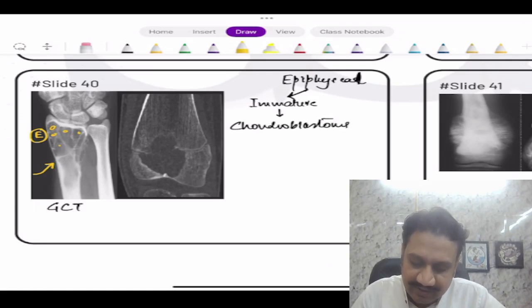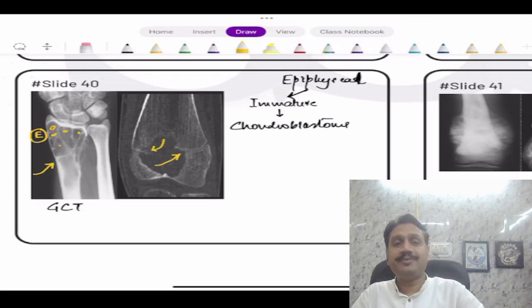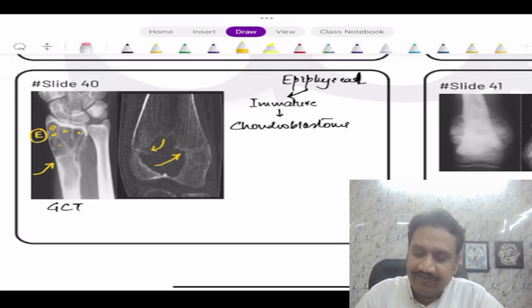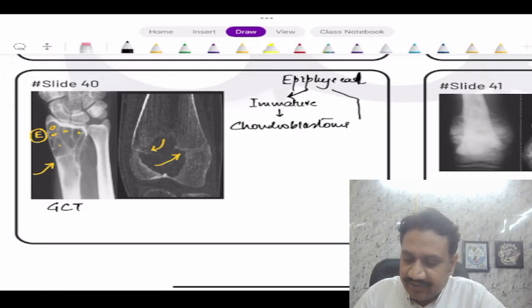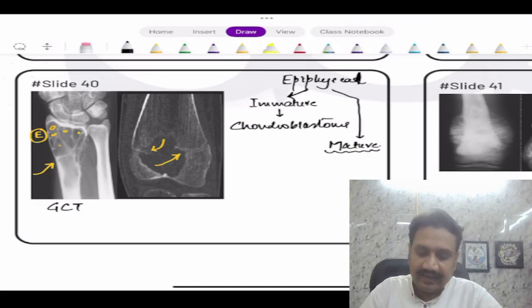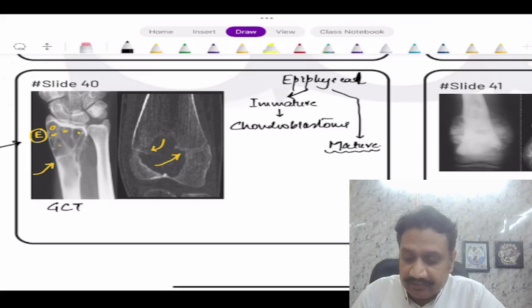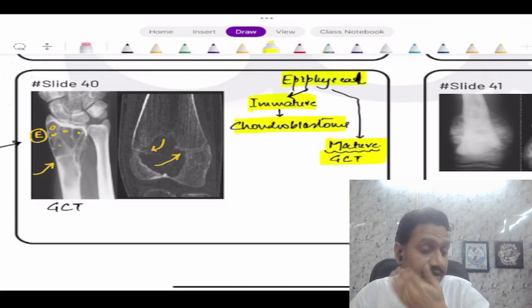For example, in this image you can see there is a growth plate here which has been damaged by the lesion. And if it is a mature bone or a mature patient, like this picture, you can see the epiphyseal area, mature skeleton, the diagnosis most often goes in favor of giant cell tumor. That is a very basic way. So epiphyseal area, soap bubble, mature skeleton, GCT. Immature skeleton lesion, it has to be chondroblastoma. You can see the growth plate.